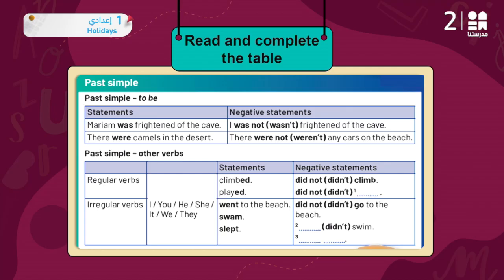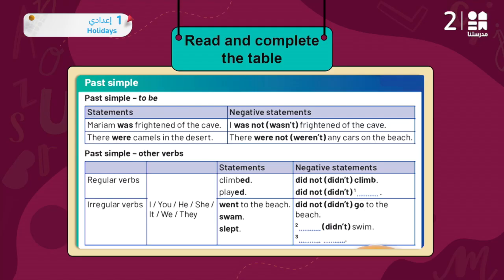Let's read the example. Maryam was frightened of the cave. Indeed, Maryam was afraid of the cave. So verb to be in the past with Maryam, the third person singular, will be was. Okay? Because we use was with he, she, it and I, of course, and were with you, we and they. Okay. In the negative form, all I have to do is to add not to verb to be.